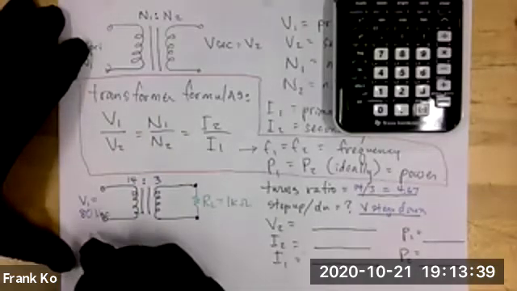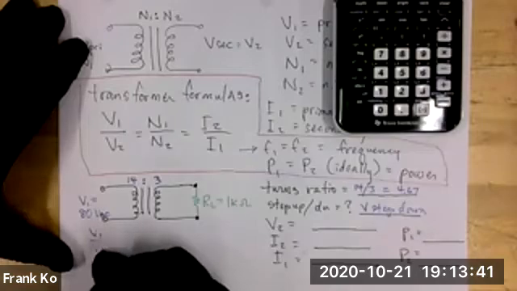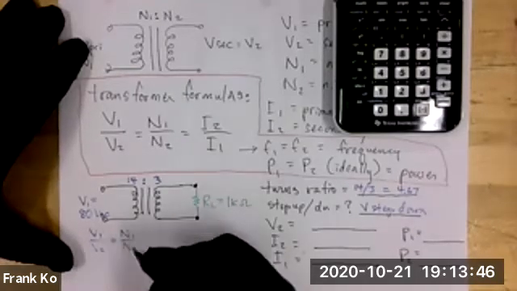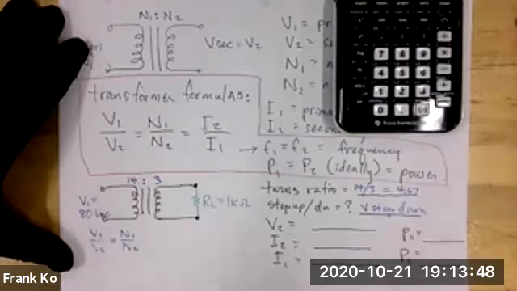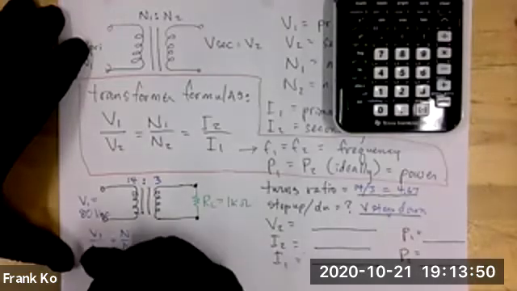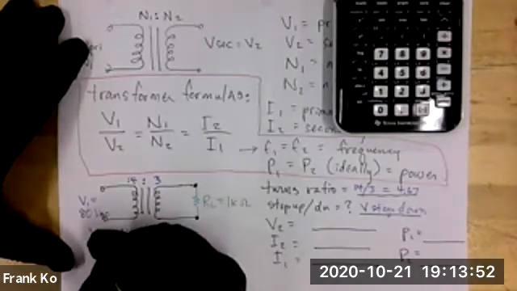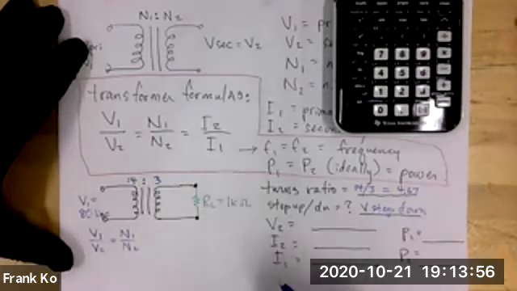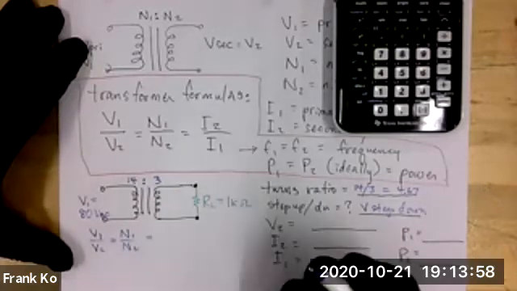Let me write this out for you. V1 over V2 equals N1 over N2. So we will write out the formula that we're going to use, and then we're going to fill in the formula.